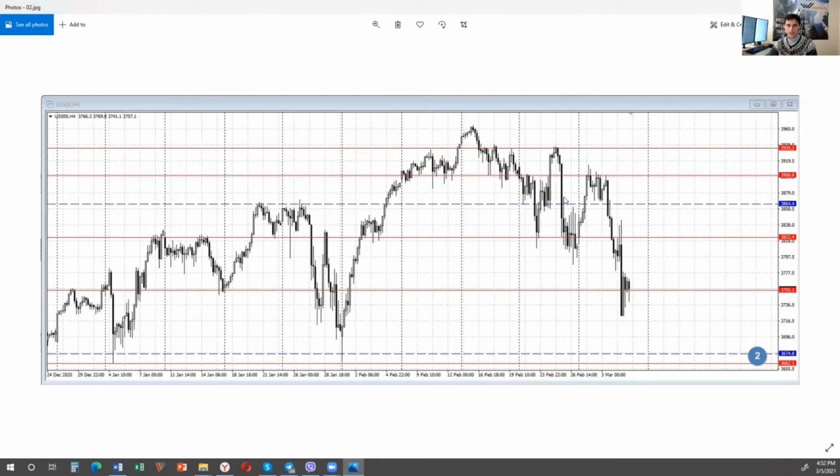So we see an exit from the range 3,900, 3,935. That is, active sales from 3,935.